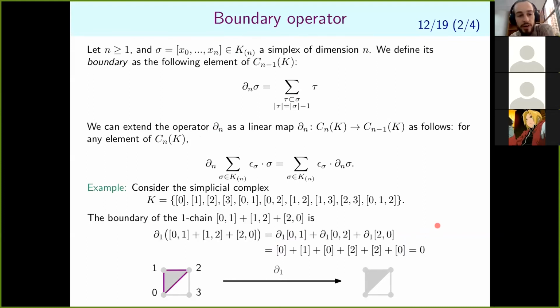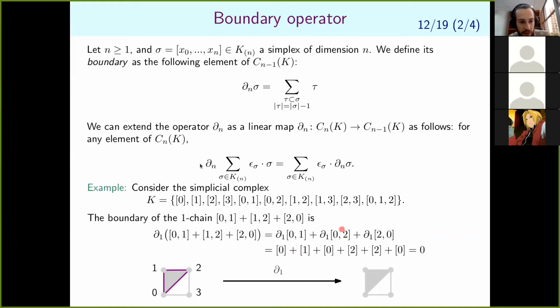Another example, consider the chain 0, 1 plus 1, 2 plus 2, 0. So this is a one chain, and I can consider its boundary. By definition, its boundary is the sum of the boundaries of all its simplices. The boundary of 0, 1 is 0 plus 1. Of 1, 2, oh yeah, I made a mistake. Thank you, Claudio.